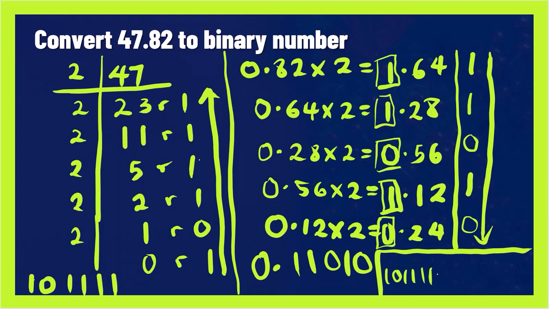Then after that we put a decimal point, then you now write these values: 1 1 0 1 0. So this is the final answer for the conversion to base 2. Amazing.